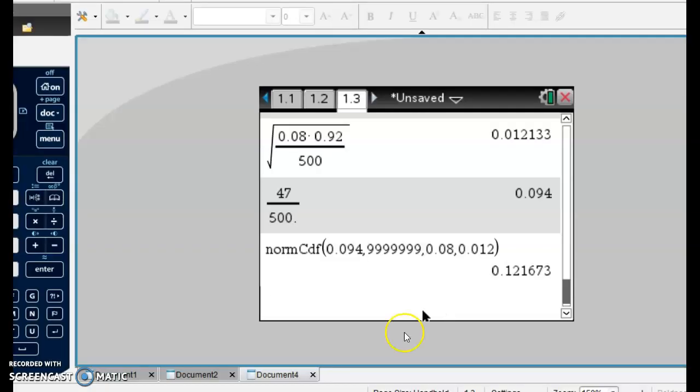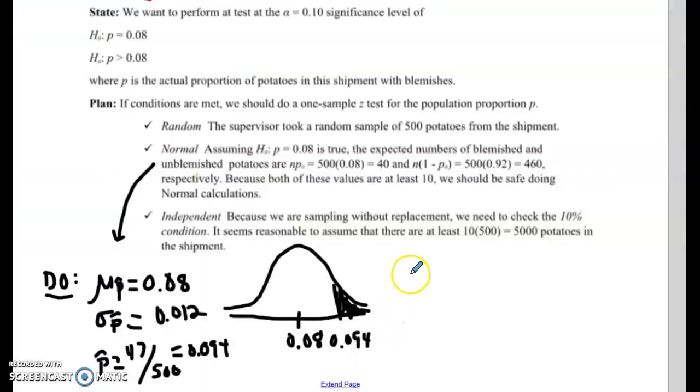If I do that, I get about 0.122. That's that shaded area. So that's one way to do the problem.